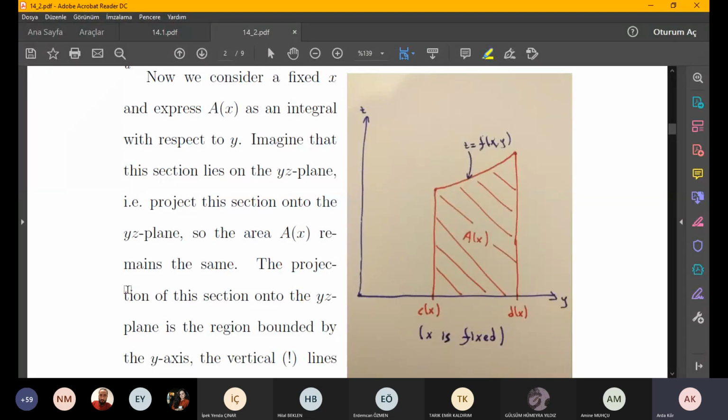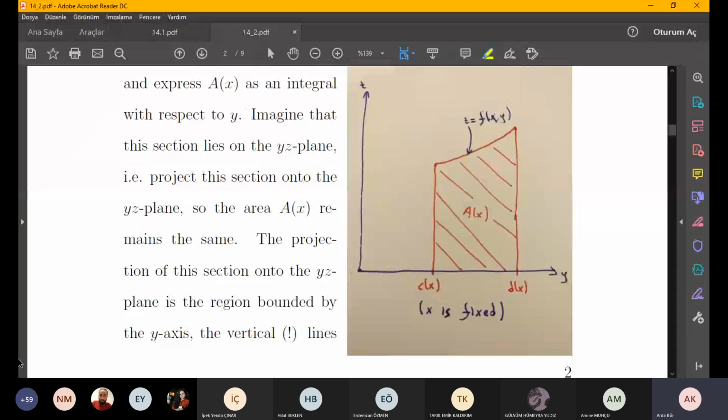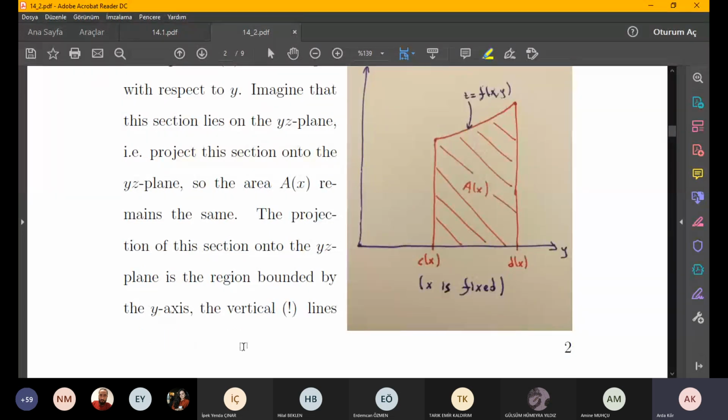You can think of it as the projection of this section onto the yz plane, like in the figure. So the area A(x) will remain the same, since the area is in two-dimensional space, so you can just sketch it in that way.